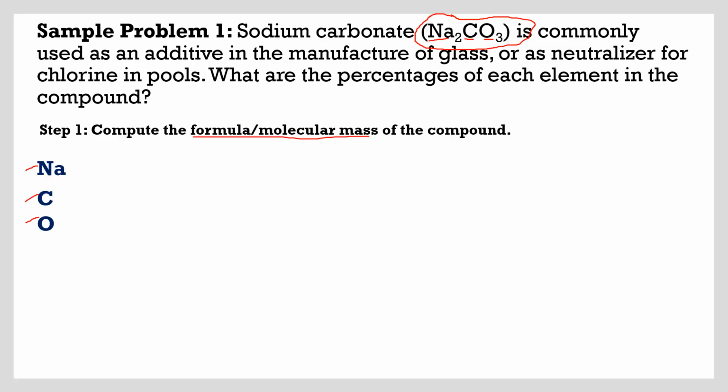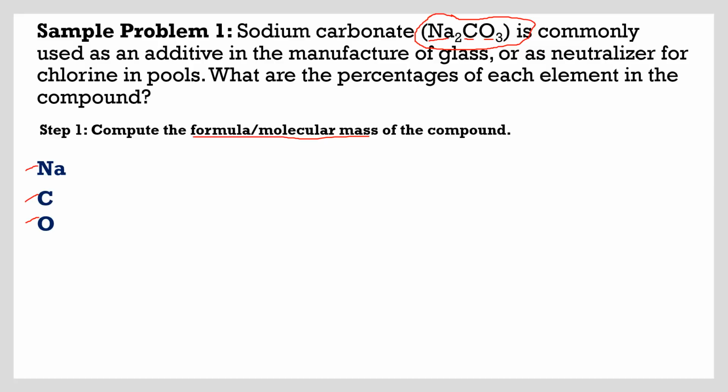To get the molar mass of each element, you simply multiply the atomic mass, which is found in your periodic table, times the number of atoms present in the compound. For sodium, the atomic mass, as you can see in your periodic table, is 22.98.